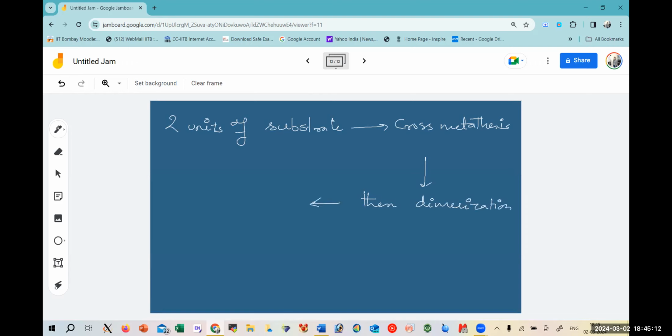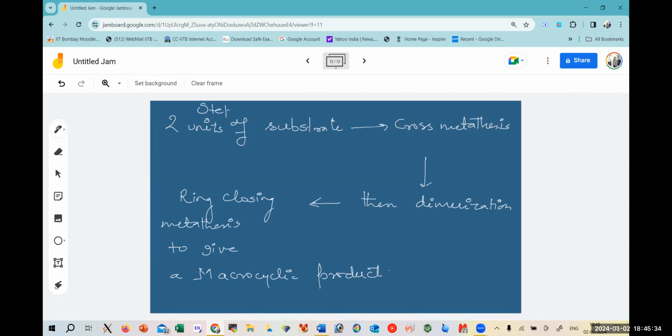This dimerization then would lead to ring closing metathesis. These are the steps that are followed to form that final product, to give a macrocyclic product. This you can try to work out by yourself.